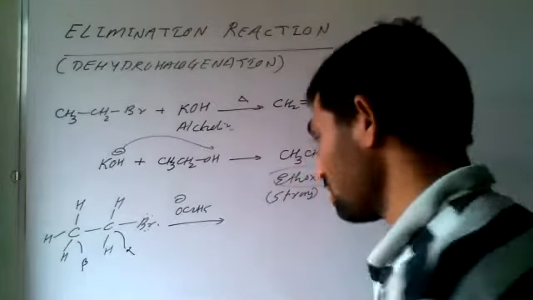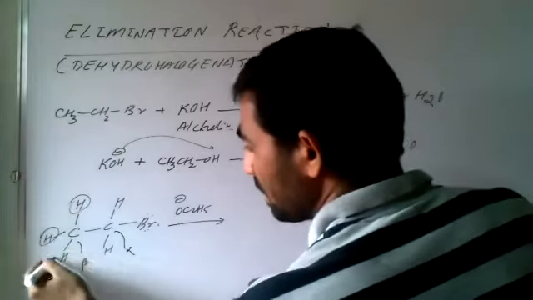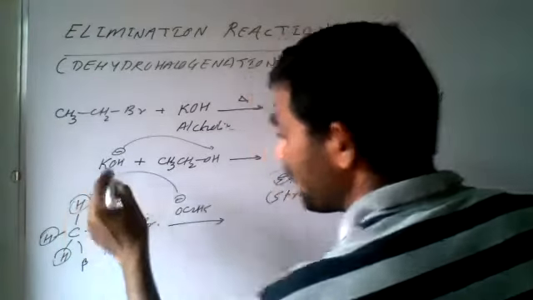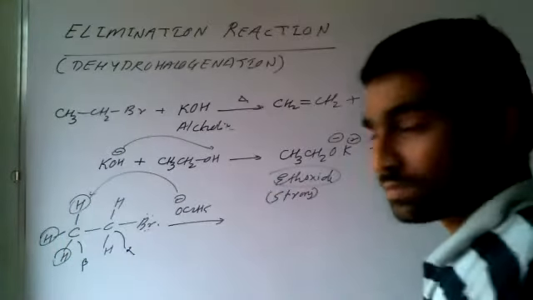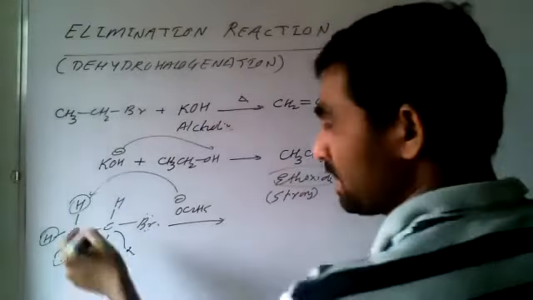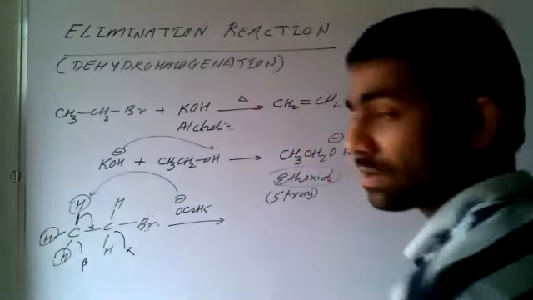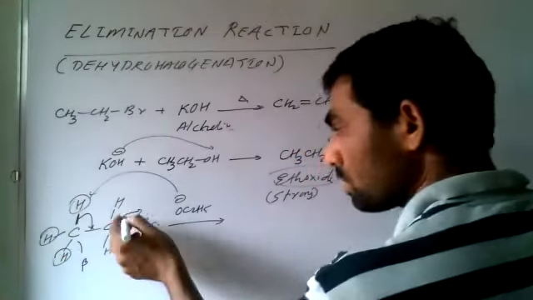So this base, there are three hydrogens here. We'll take one of them and abstract that proton. Once it abstracts this proton, the bond negative charge will shift here and bromine goes out.